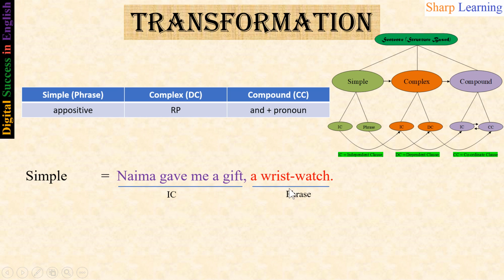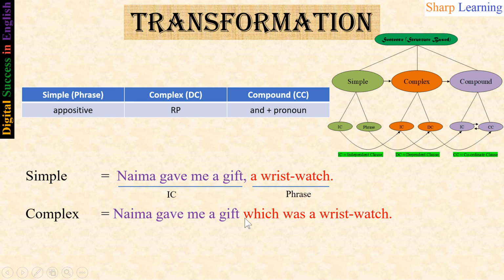So how can you transfer this simple sentence into a complex sentence? Very easy. IC will remain IC and the phrase will be a DC. See here. Naima gave me a gift, the same IC. Then we have made a DC from the phrase. Which was a wristwatch. How have we made a DC?